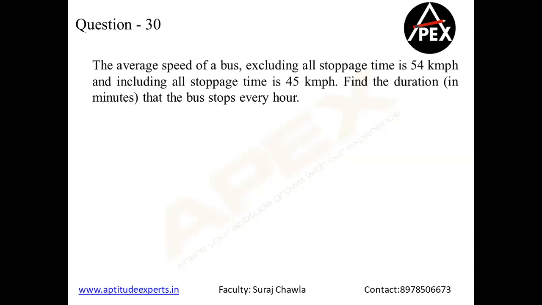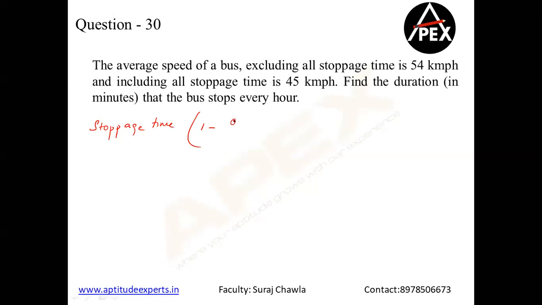Yeah, now what is the simplified shortcut here, guys? Now the average of the entire bus. Now please understand the stoppage time. If you want, there's a direct formula. If you get these kind of questions, okay, the stoppage time is going to be nothing but 1 minus the old speed.